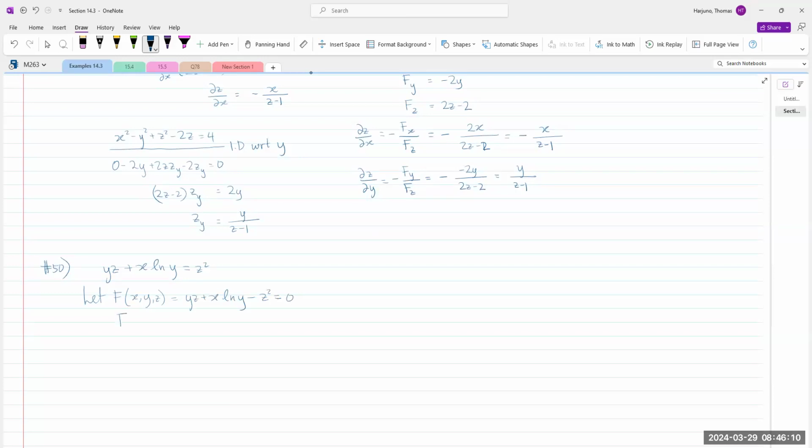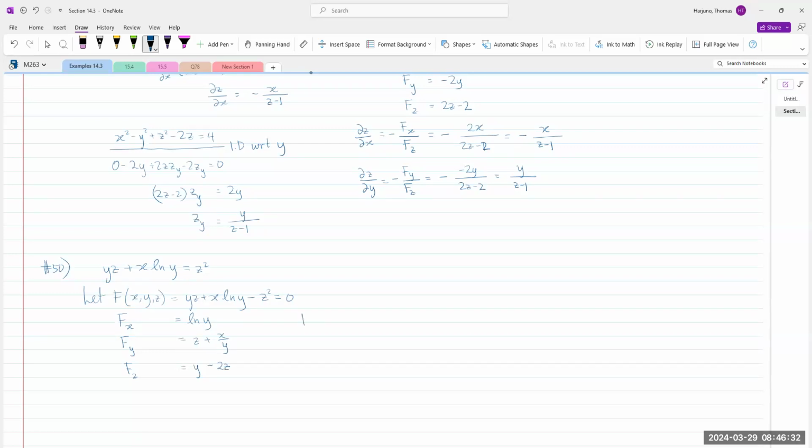Now, the partial with respect to x will be natural log of y. The partial with respect to y is c plus x over y. The partial with respect to z will be y minus 2z.